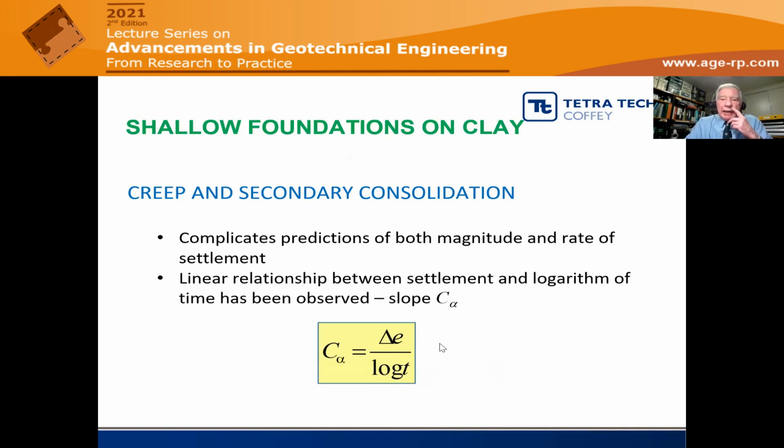And the creep is generally characterized by a linear relationship between the settlement and the logarithm of time. And we developed this C alpha parameter, which is the change of void ratio per log cycle of time.